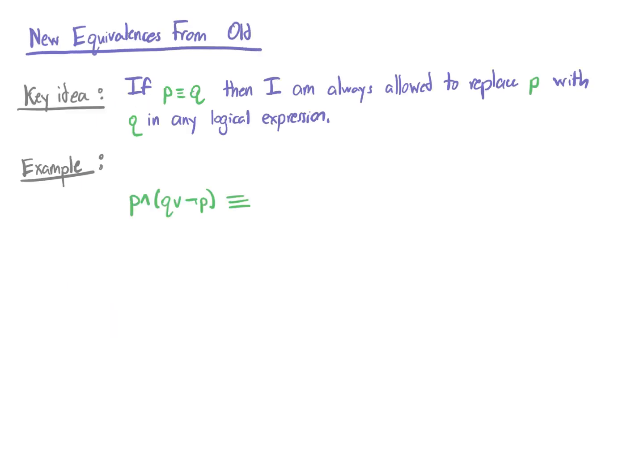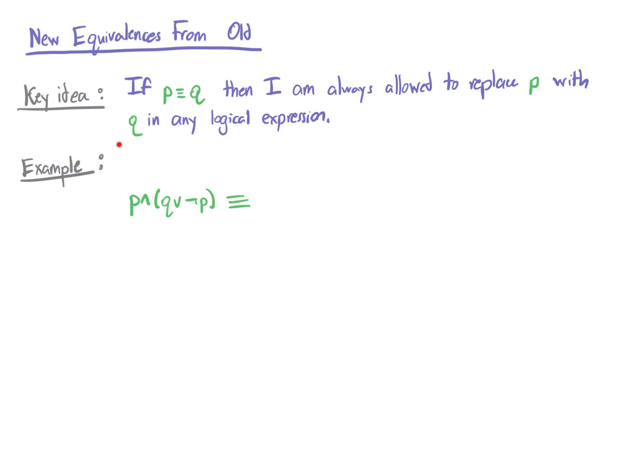So far, we've seen several logical equivalences, but there's a lot more, and importantly, we don't always have to resort to truth tables in order to develop logical equivalences. We can get new logical equivalences from old logical equivalences.